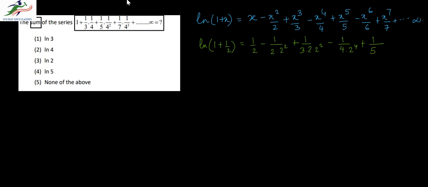So 2 to the power 5 can be written as 2 into 2 to the power 4, and so on up to infinity.